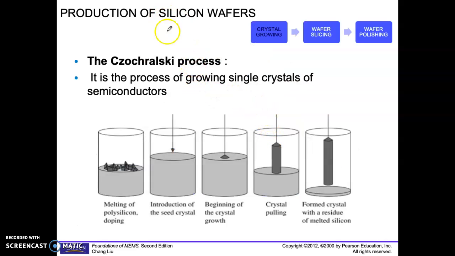The process of making the silicon wafer is what we call the Czochralski process. This is the name of the guy. It starts with melting the silicon, and then they introduce the seed crystal, and from that seed crystal it starts to grow the silicon, and it pulls the silicon up, and then it becomes a wafer.